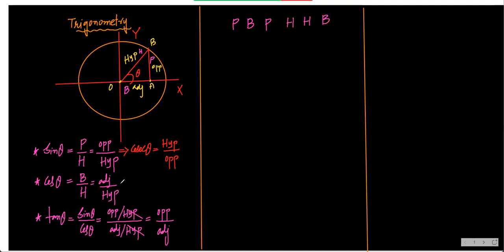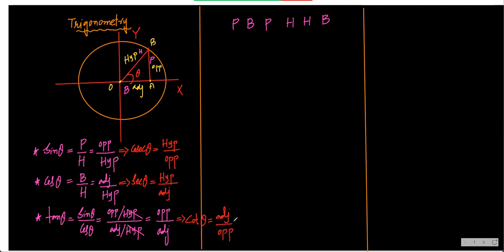And secant theta is the reciprocal of cos theta: hypotenuse by adjacent. And here we are taking the reciprocal cot theta. Cot theta is the reciprocal of tan, that is adjacent by opposite.